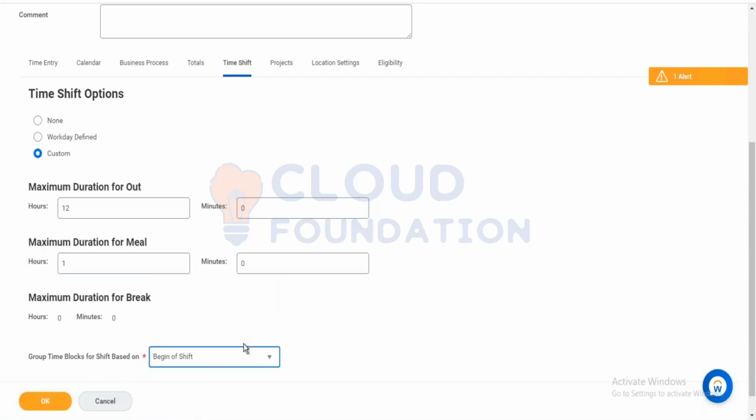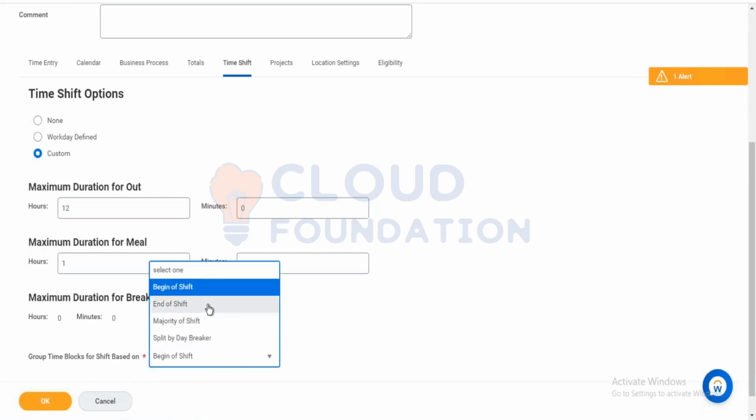Beginning of the shift means it will always look at the beginning of the shift. Like if you started at 10 p.m., the calculation would consider 10 p.m. as the first block of the day. It will always look at the first block of the day, and based on that, the calculation would work.